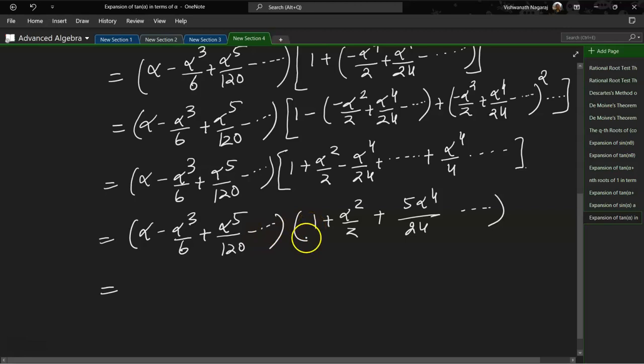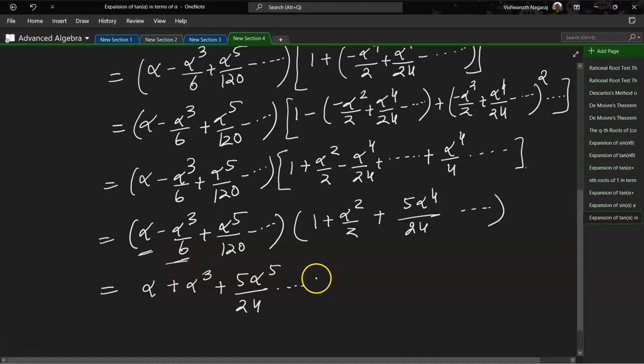Now let's multiply these two. Let's distribute this among these. We get alpha plus alpha cube plus 5 alpha 5 by 24 and dot dot dot. Now let's use the second term and distribute it.